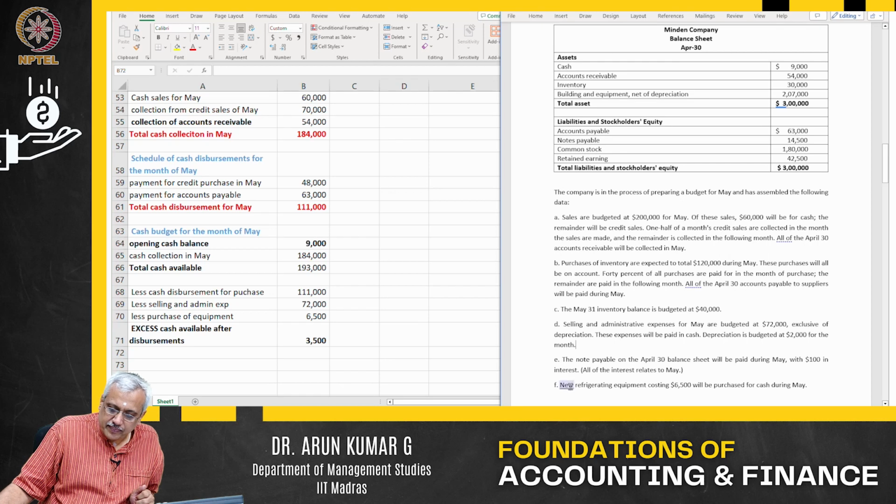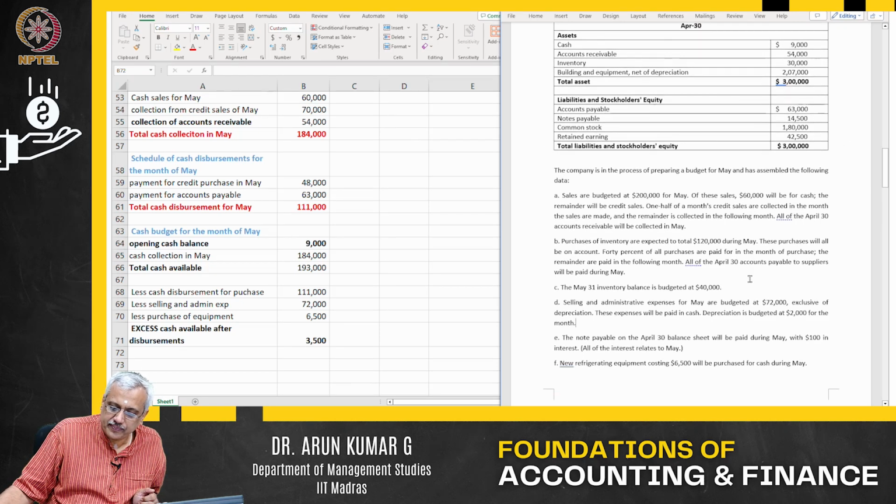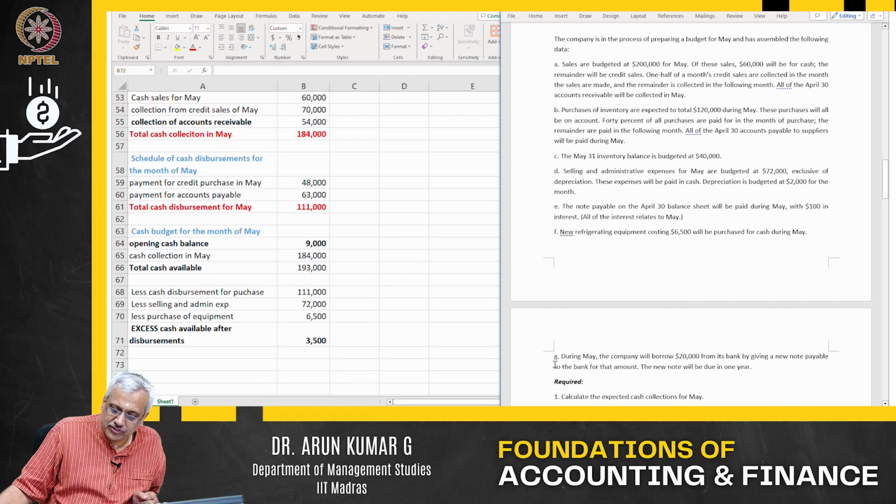Now, let us go further. Notes payable for the month of April, in the balance sheet, was paid with an interest of 100. What is the notes payable? 14,500 was paid off. They also say during the month of May, the company will borrow 20,000 from the bank and give a new note payable.